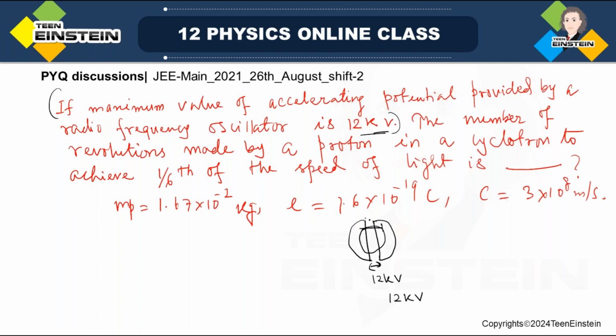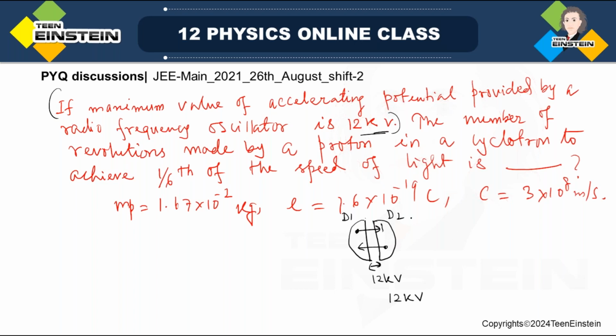It is accelerated when it jumps from D1 to D2. Suppose this is D1 and this is D2. When it is jumping from D1 to D2, it is getting accelerated once. That means it is gaining energy here. And when it is going from D2 to D1, it gains energy once again.